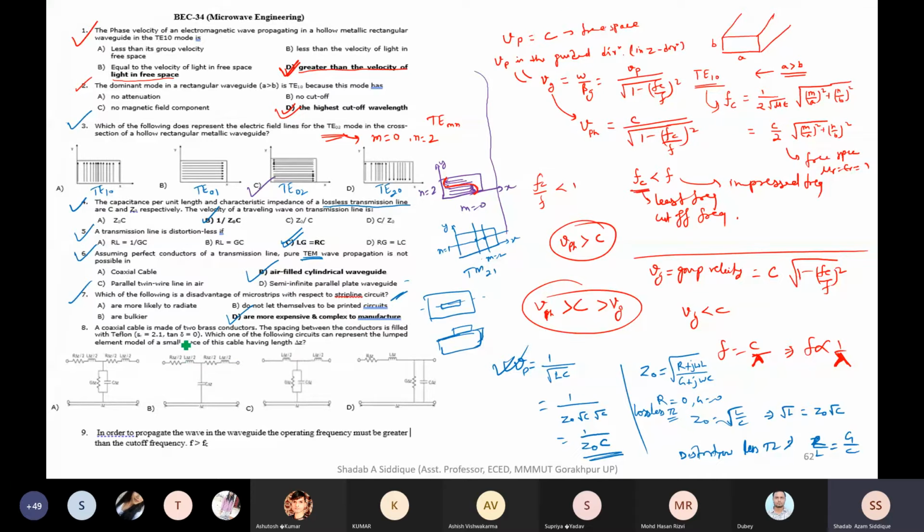We don't need to go through these values. We just want to check which of the following small elemental lumped element models is correct. Like we have the transmission line and we cut one small element, delta z. So which of the following is correct?